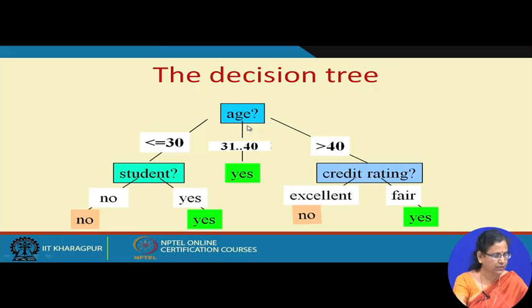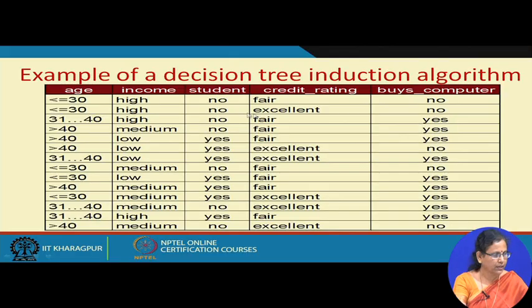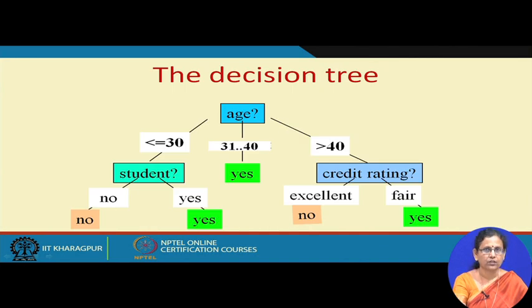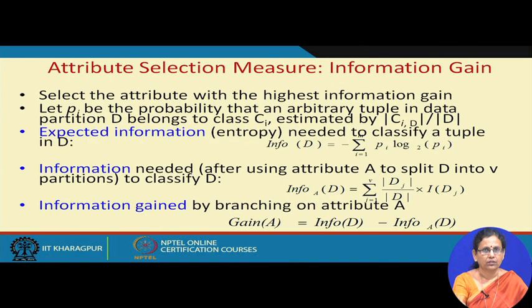Now, the question is, why age? We had so many different variables. Why exactly are we choosing age and not income, student or credit rating? To see why, we have to learn about attribute selection measures. There are many of them.